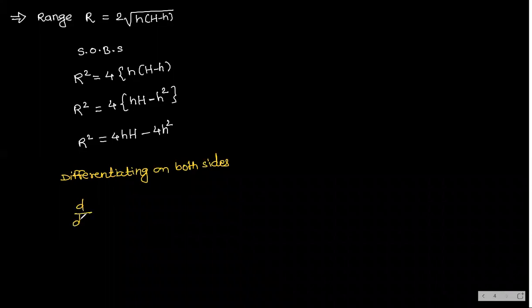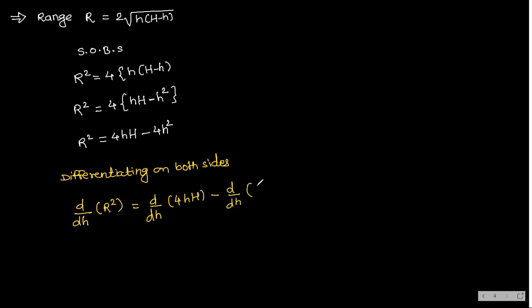So d/dh of R square is equal to d/dh of 4 small h capital H minus d/dh of 4h square.